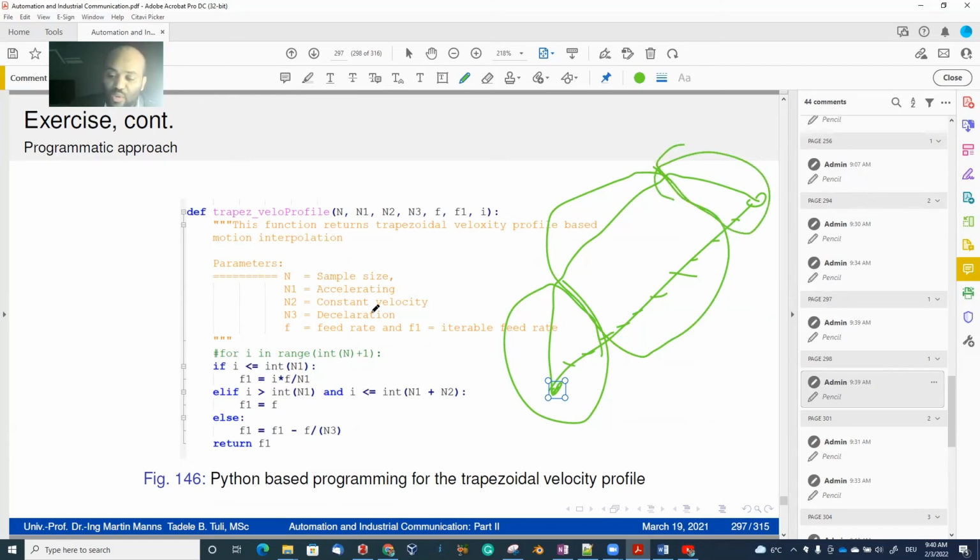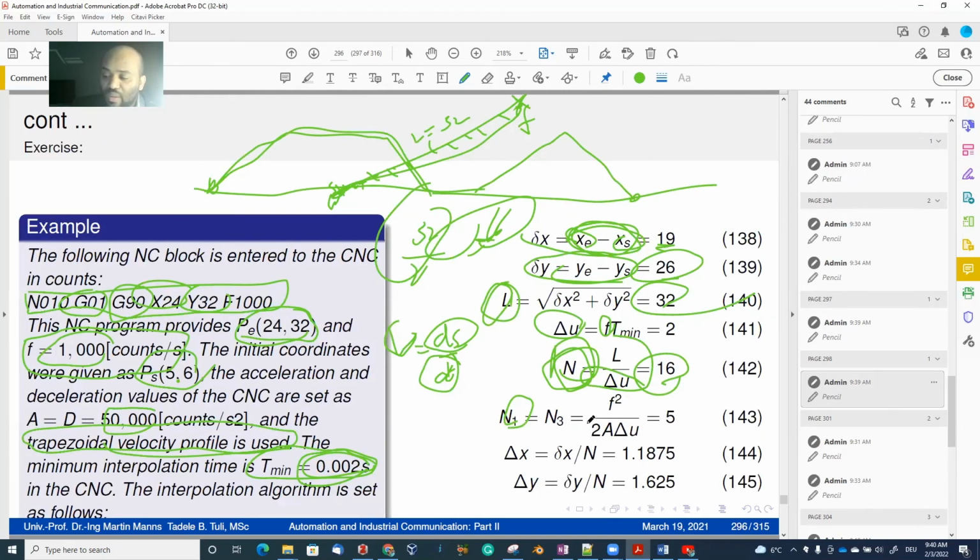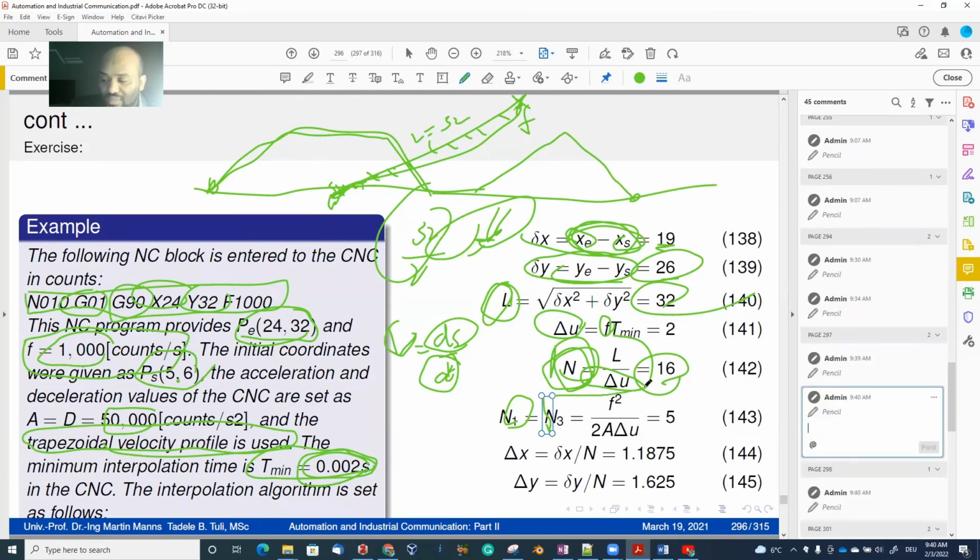You can calculate this by using this formula: the square of the speed over twice the acceleration times delta u. Actually, you get this from acceleration. Acceleration means dv over dt.